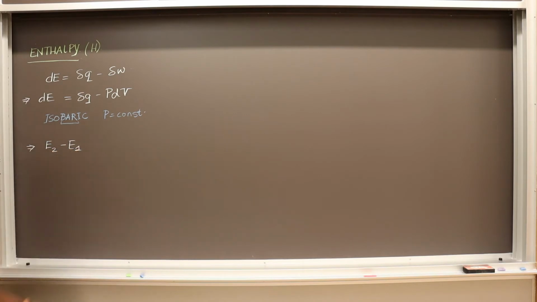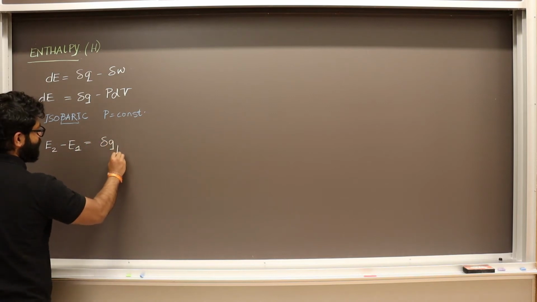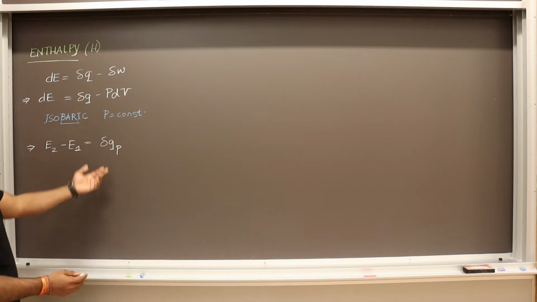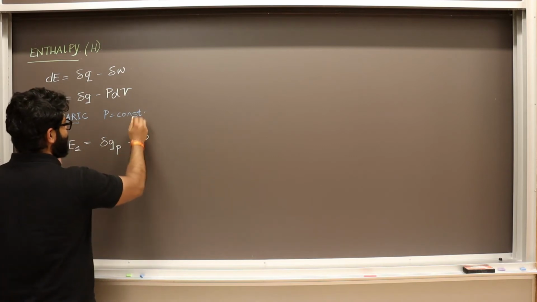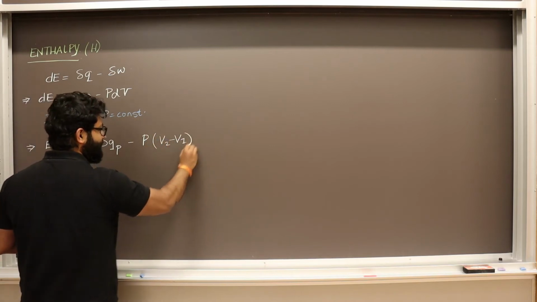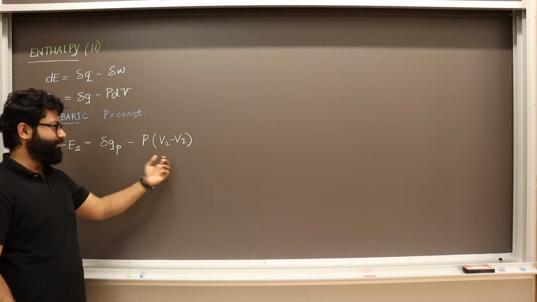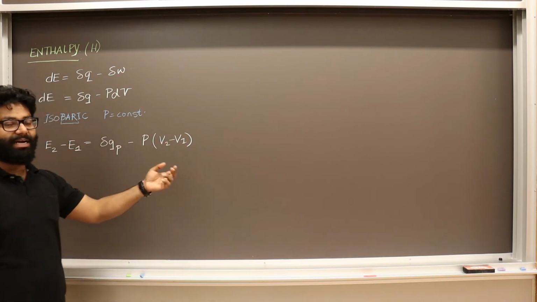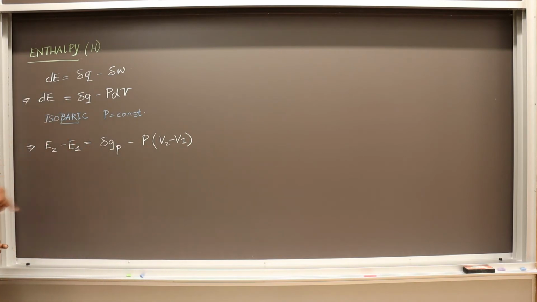So E2 minus E1, and I'm calling this QP because of constant pressure, and we have dV. Volume changes from V1 to V2, and these are also state functions; they do not depend upon the paths through which they go.